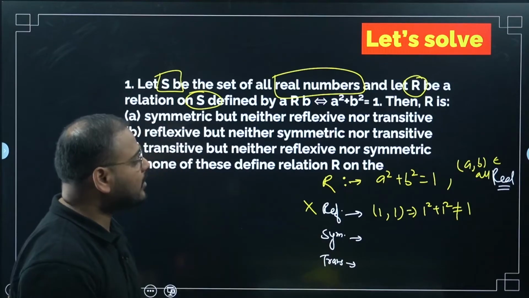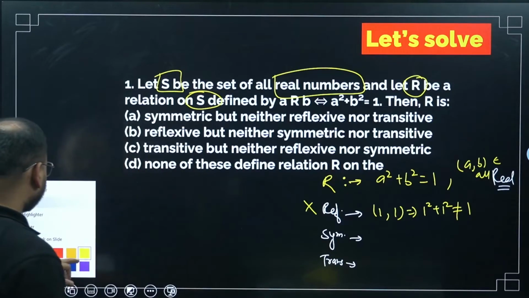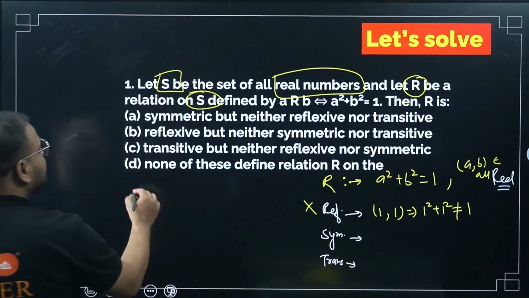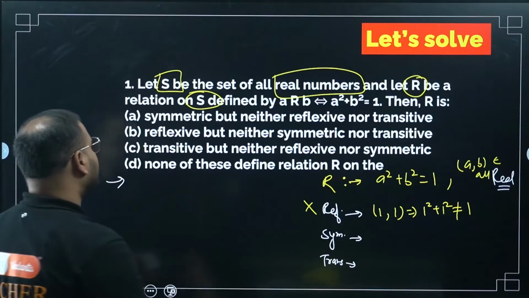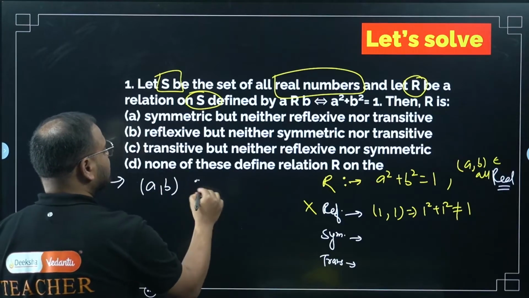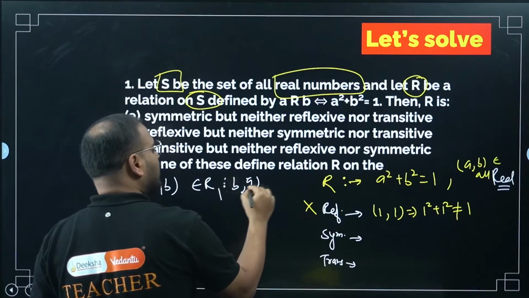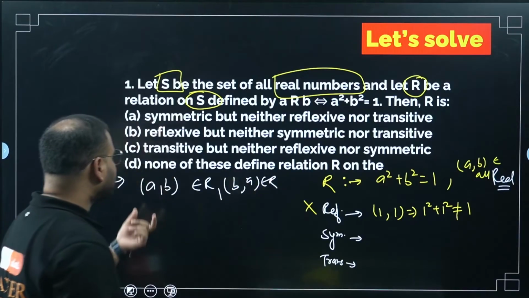What about symmetric? Remember, in the symmetric condition we have an if-then condition. If A comma B belongs to relation R, then B comma A must belong to relation R. Is it true?